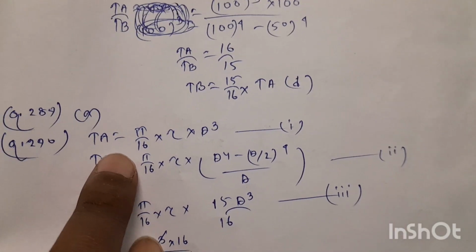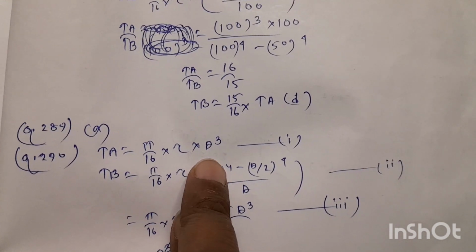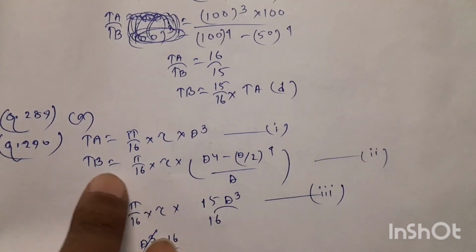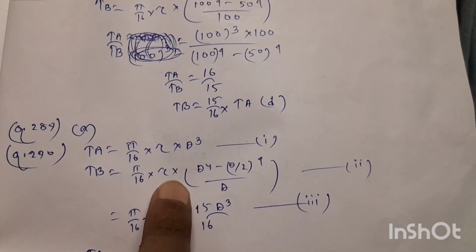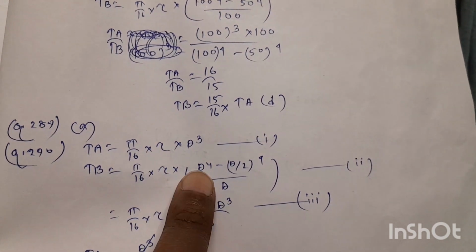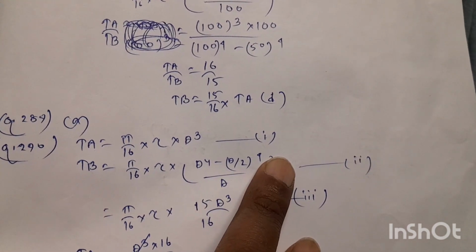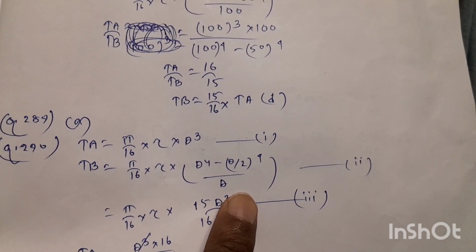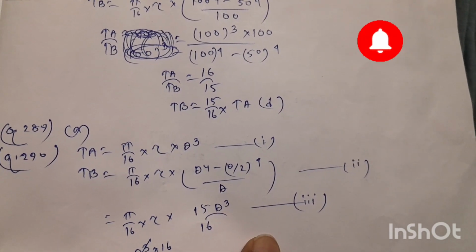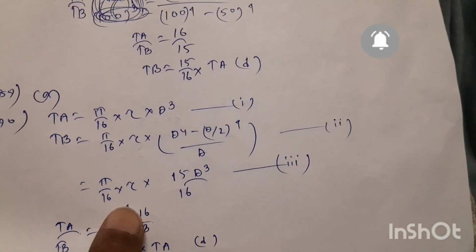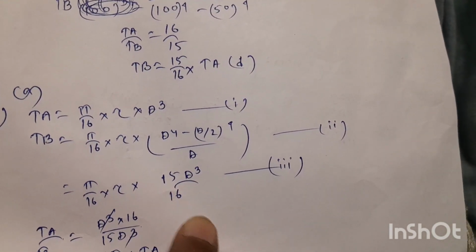For shaft A, TA will be equal to pi by 16 into shear stress tau into capital D cube, and torque for shaft B will be equal to pi by 16 into shear stress tau into within bracket capital D to the power 4 minus D by 2 to the power 4, where D by 2 is the inner diameter of the hollow shaft, divided by capital D. If we calculate, TB will be equal to pi by 16 into shear stress into 15 D cube divided by 16.